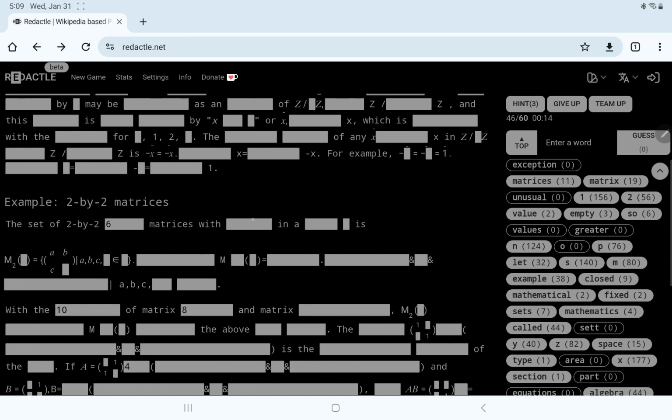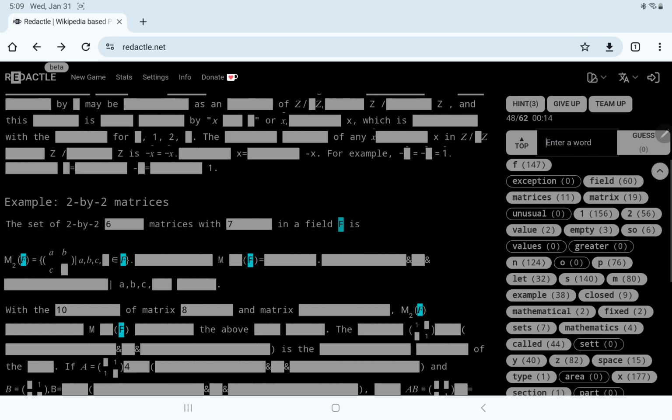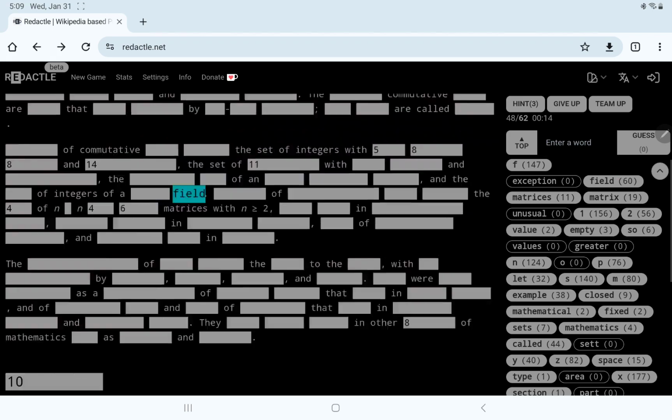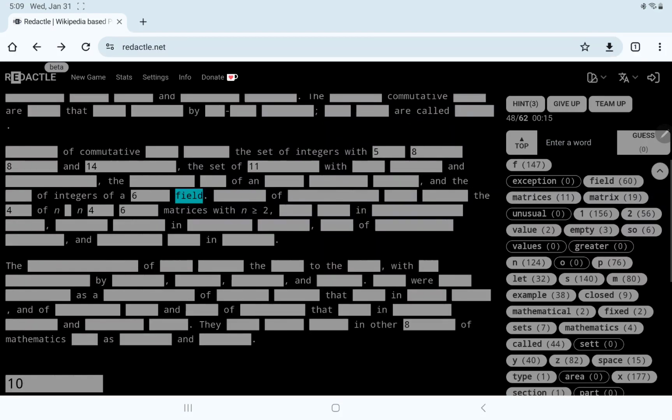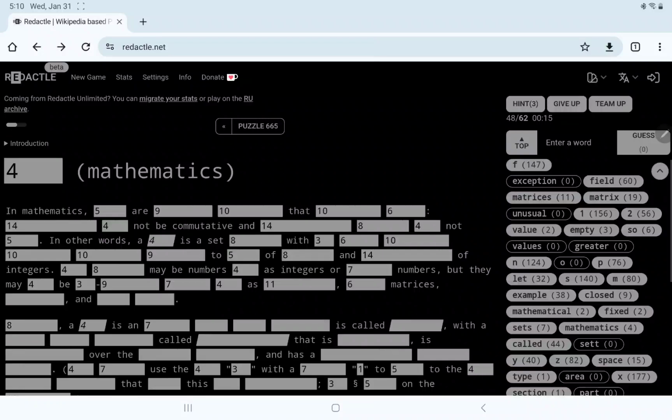The set of 2 by 2, 6 matrices with 7 in a 5, 1 in a field. Oh, I really didn't think that was going to be right. F. Integers of a something field. I still don't know this 4-letter verb.